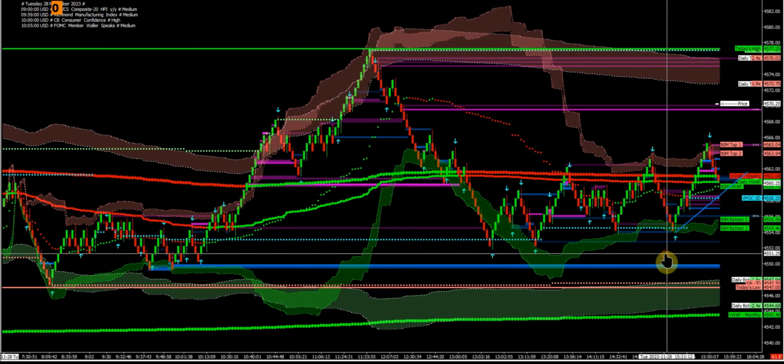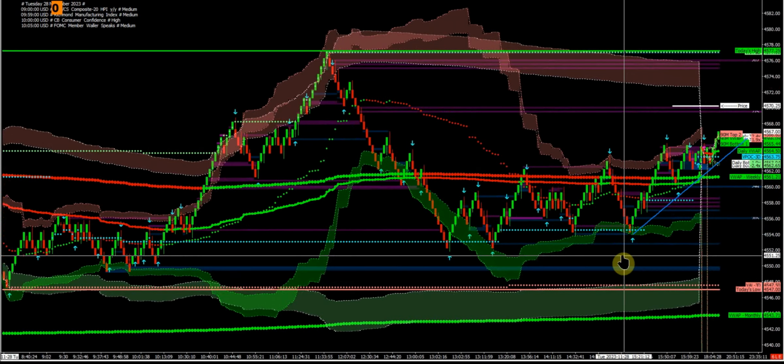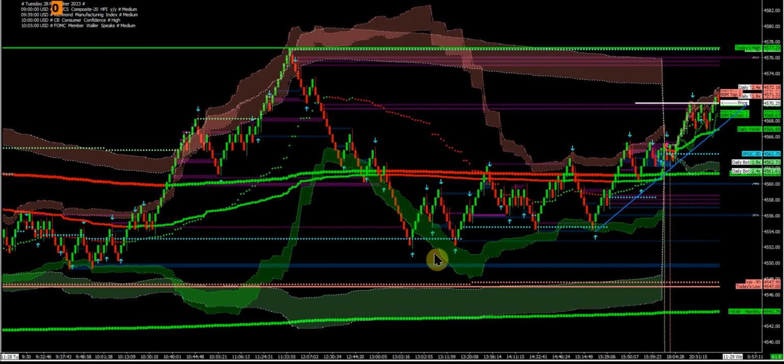So hope this was very handy. Hope this is very helpful to kind of show you guys how you can look at this, how you can see this, and trade these areas, these value areas up here, without having to have all kinds of magic stuff on your chart. This is just very simple, very straightforward stuff.